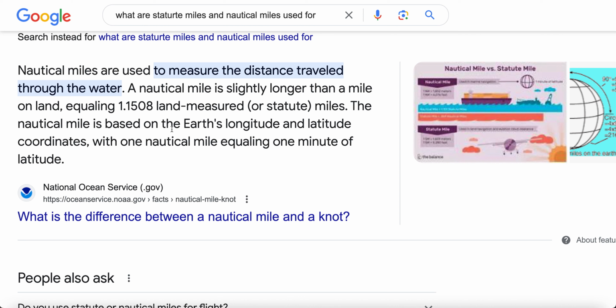The nautical mile is based on the Earth's longitude and latitude coordinates, with 1 nautical mile equaling 1 minute of latitude, 1 minute of degree, right? So the whole thing is horizontal measurements. There is no curved nautical mile. The nautical mile is an extension of the statute mile, which is a straight line distance.